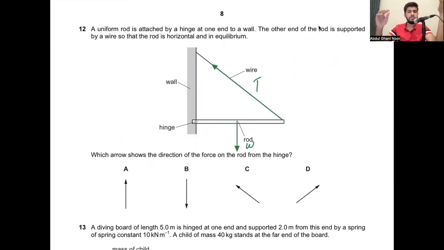If you were to extend these forces, they'll meet at a single point. So let's extend the arrow for weight, somewhere here. And then we have tension. So the force from the hinge on the rod should also act in such a way that it passes through this point that you see, which is option D.